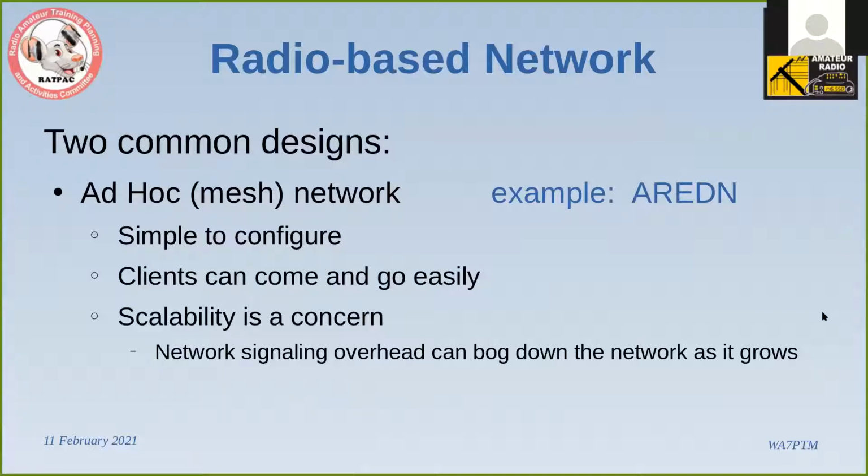So the advantage of these is that they're really simple to configure. The clients can come and go and the network just reseals itself, but you have a scalability problem. As the network gets bigger and bigger, there's a lot of overhead for the networking protocol, which takes away from the data that you can transmit back and forth.